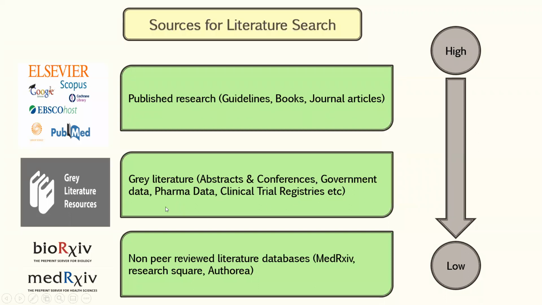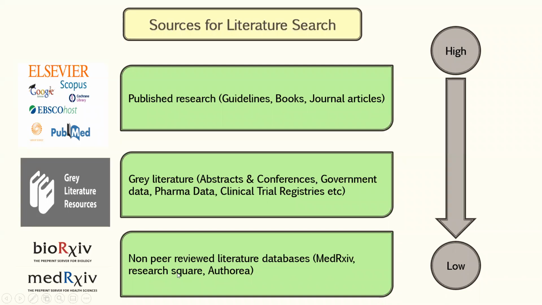And the third thing, which basically came into existence a long time ago, but I think now much more people know about this, is unpublished articles or non-peer-reviewed literature databases. The most important ones are medRxiv, Research Square, and Authorea.